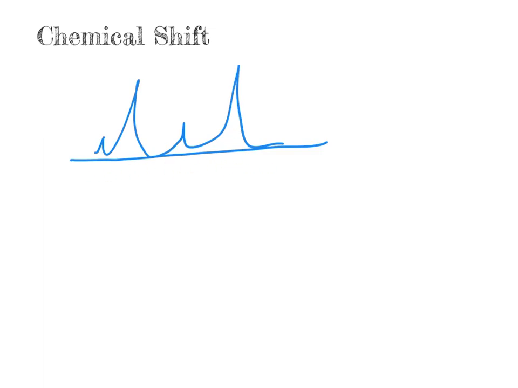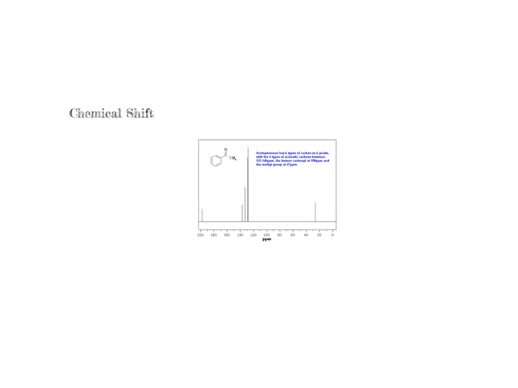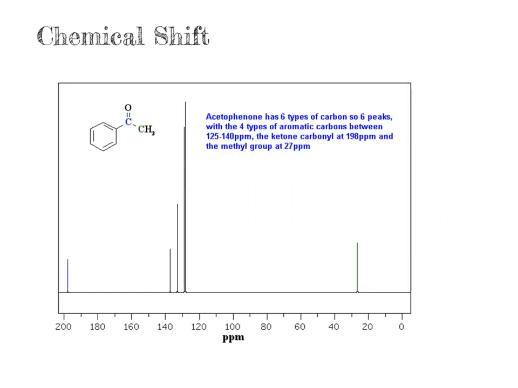Whereabouts they appear on this axis is really, really important. So I'll just show you a proper spectrum for now. Here we've got the spectrum that would be produced by the carbon-13 NMR of this aromatic ketone that we've got here. To identify how many peaks you should have, you need to identify how many carbon environments you've got.